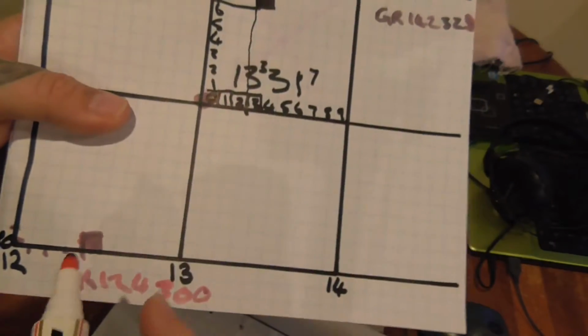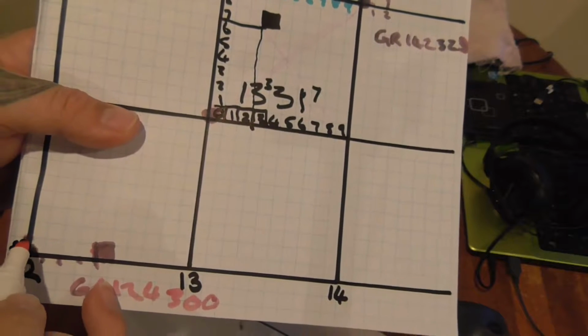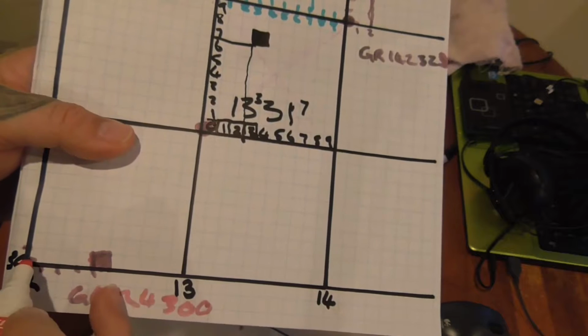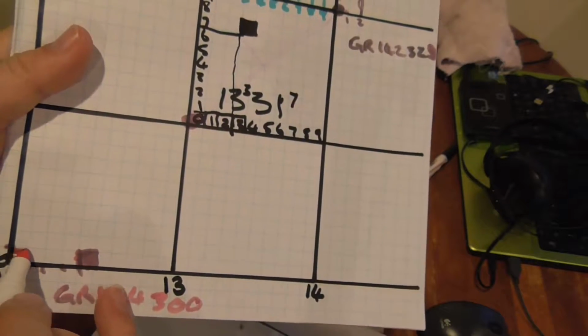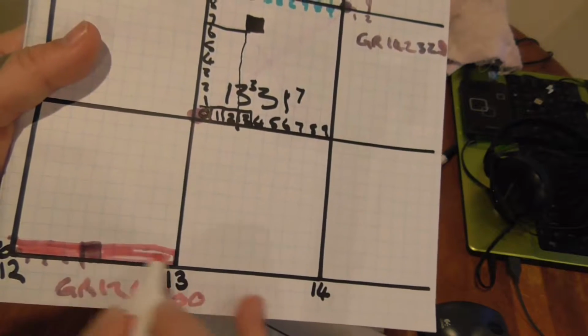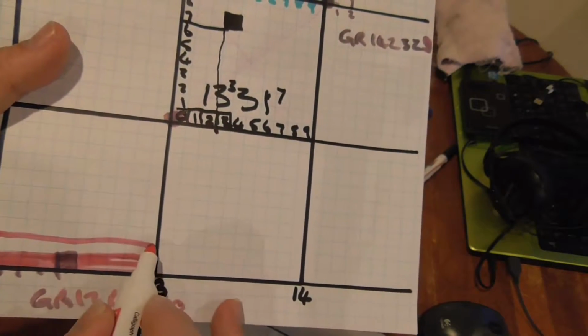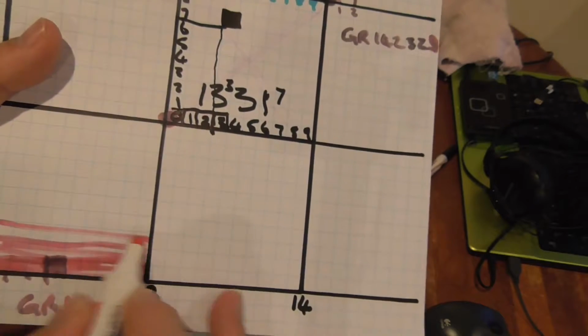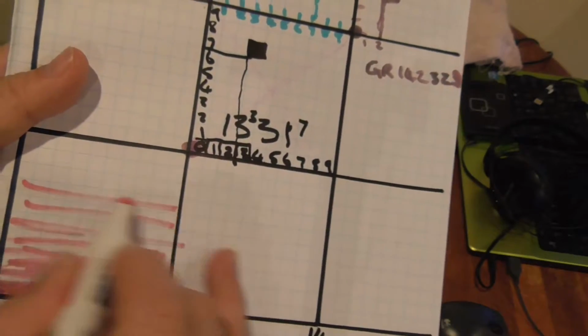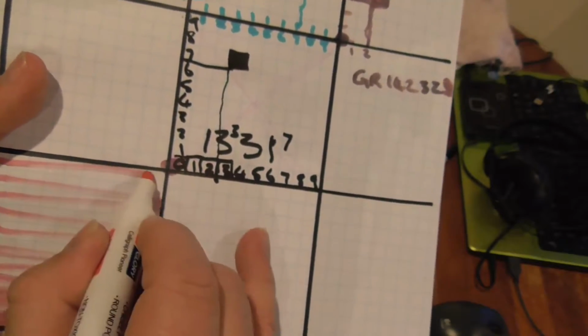Okay, because remember, along this one here is 0. These boxes here are 0. These boxes here are 0. These boxes here are 1. These boxes here are 2, 3, 4, 5, 6, 7, 8, and 9.